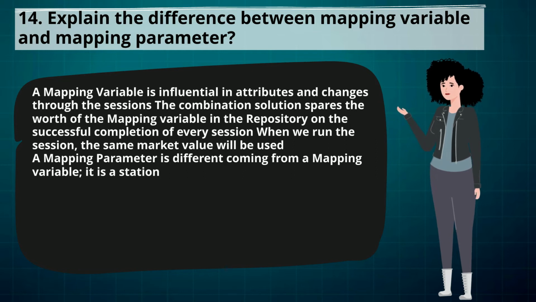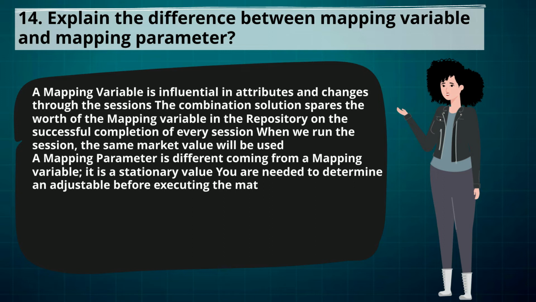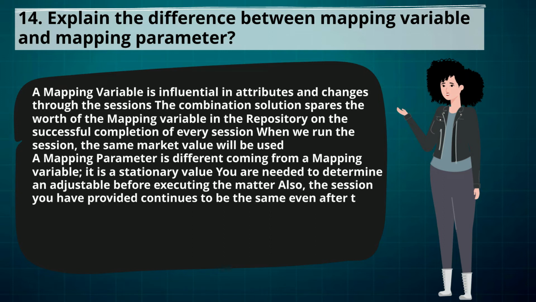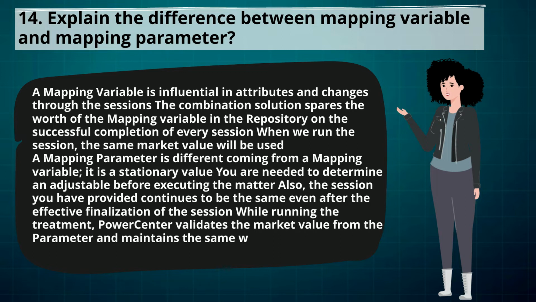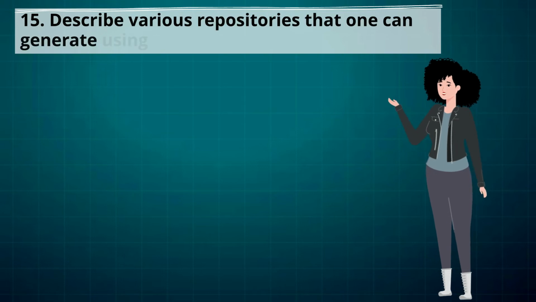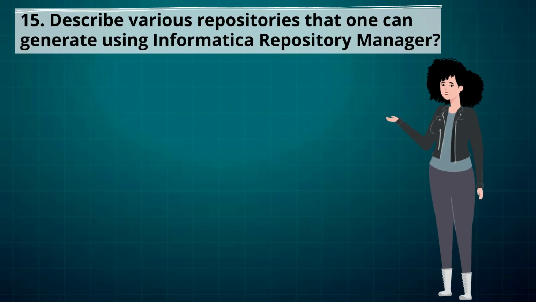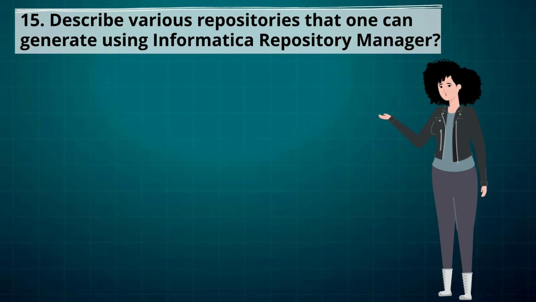It is a static value you are required to define before executing the session. The value you have provided continues to be the same even after the successful completion of the session. While running the session, PowerCenter validates the value from the parameter and maintains the same value until the end of the session.